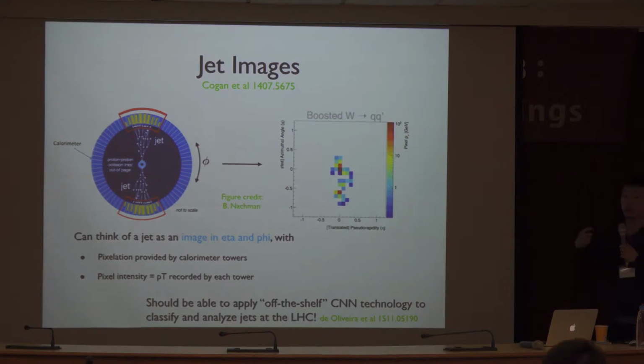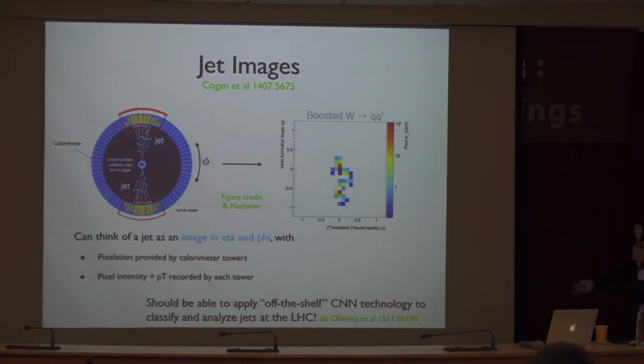The calorimeter already has a pixelized aspect to it. It's already pixelated. So each pixel is a calorimeter tower, and then the intensity or color of that pixel is the intensity, how much energy was deposited there. And so for every jet, you get a nice looking image. The image could be rather sparse in general, but for every jet, you get an image.